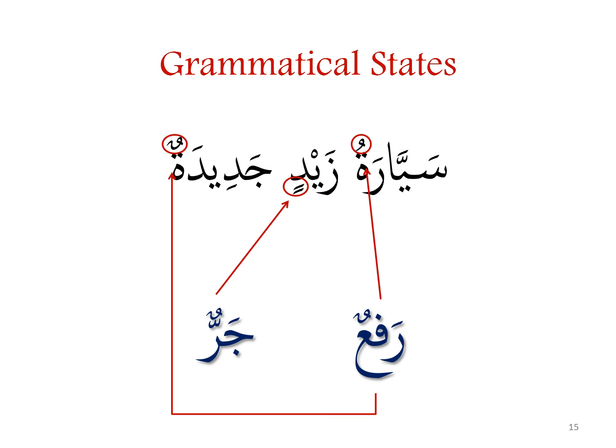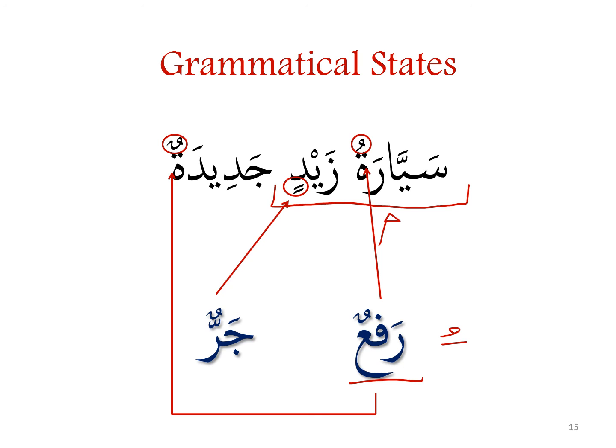So if you look here, sayyaratu zaydin. Now, sayyaratu zaydin, this is an idafa phrase, which we should be able to identify. So this is also the mubtada. Now the mubtada is in the state of raf', which is reflected by a dhamma, as we've learnt.